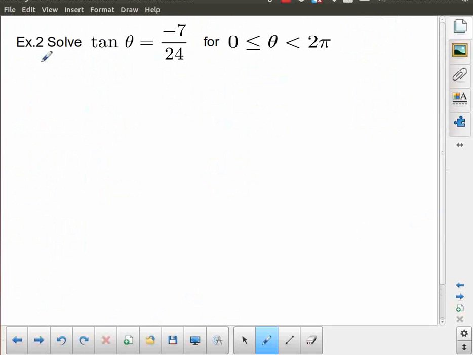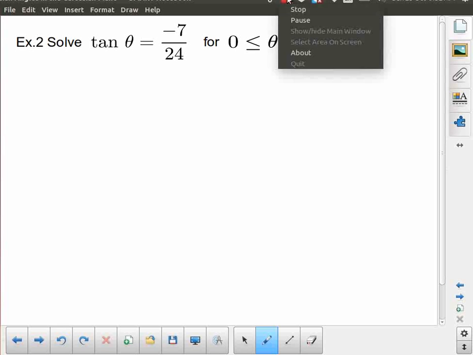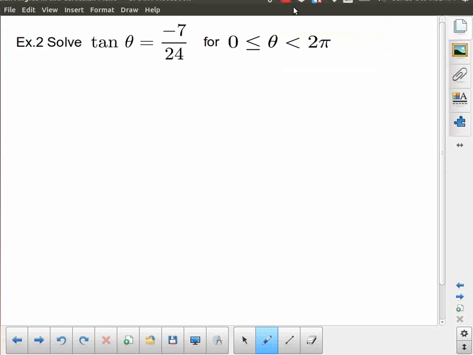Now, this next example is going the other direction. It wants us to solve for tan theta equals this number, and it wants us to do that for any angle between 0 and 2 pi. So in order to do that, again, we're going to make use of the cast rule. In this case, unfortunately, we're not going to be able to use our special triangles.